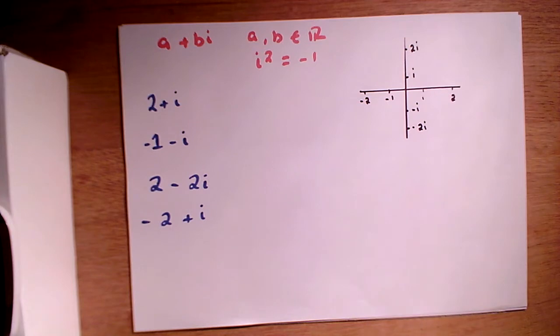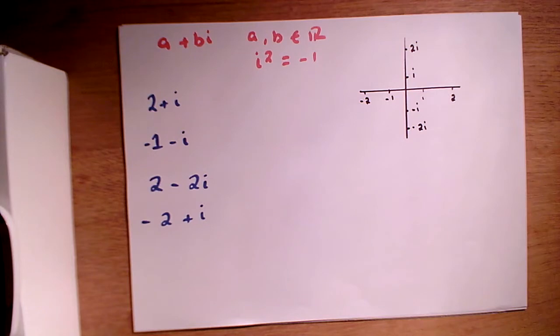So obviously here on the left we have different complex numbers. The first one there, 2 plus i, minus 1 minus i, 2 minus 2i, and minus 2 plus 1i. And over here on the right we have our axes. So it's kind of like coordinate geometry in a sense, in that we can graph these and we can use the information presented to us in the complex number to figure out where exactly it lies on our plane.